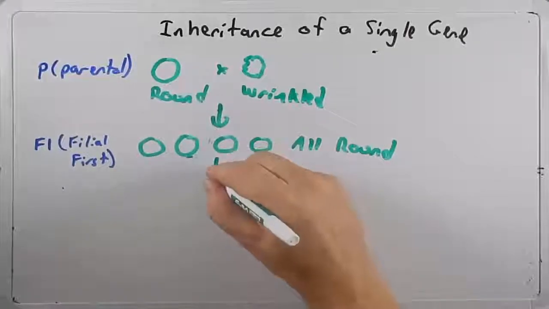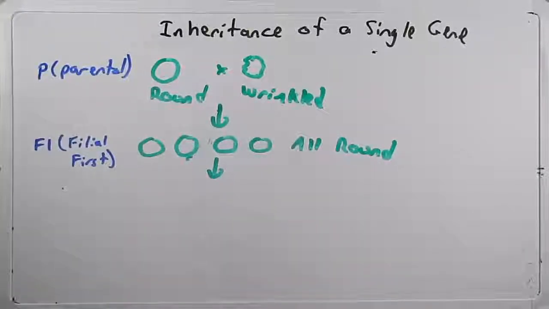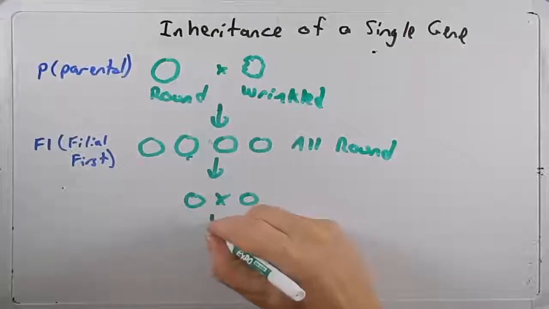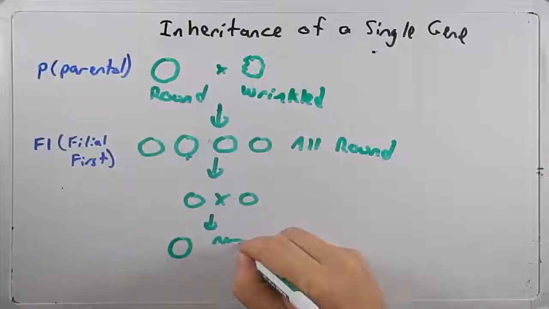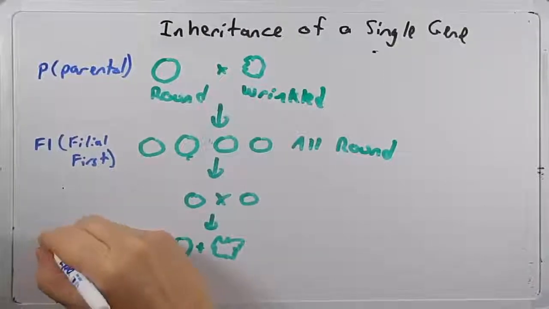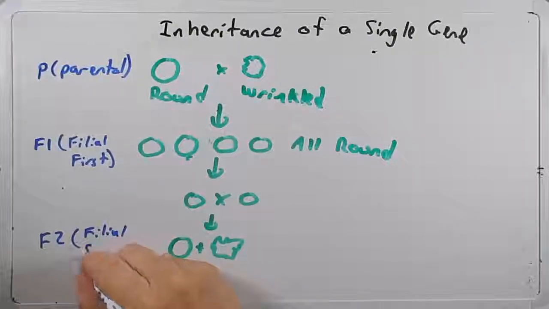So the next thing he did was he took two round seeded plants and he crossed them together. And what he got was a mixture of round seeded plants and wrinkle seeded plants. And we call this the F2 generation, or filial second generation.